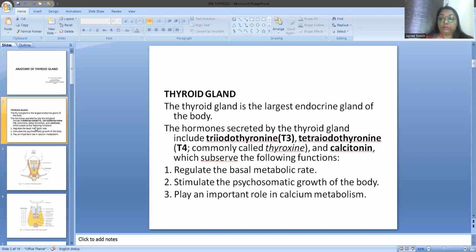So these are the important hormones that are secreted by the thyroid gland.